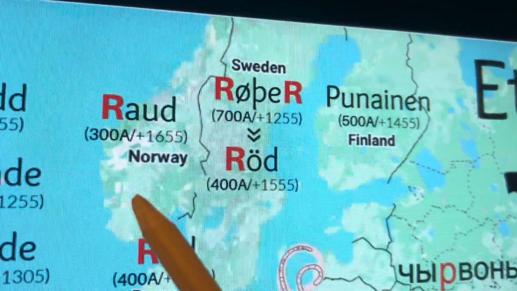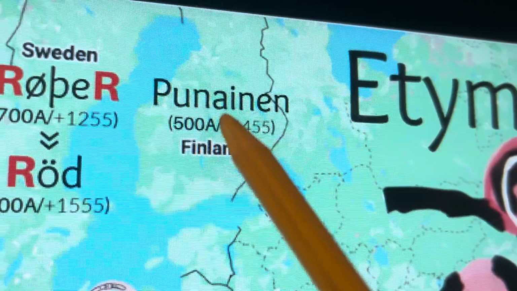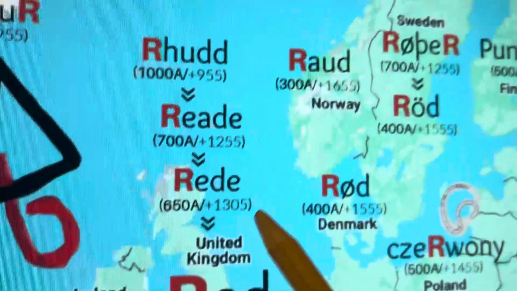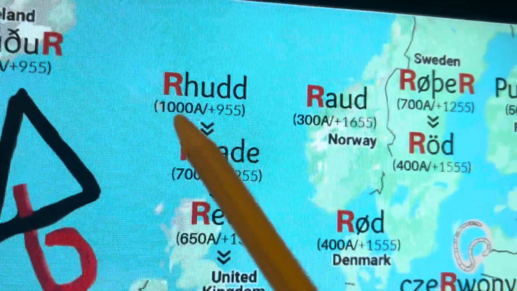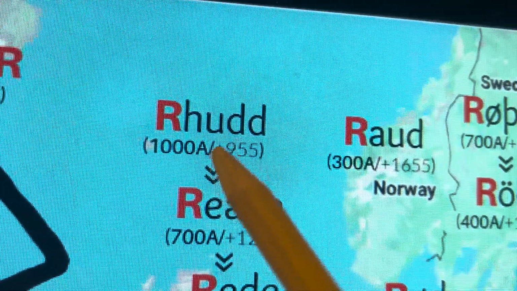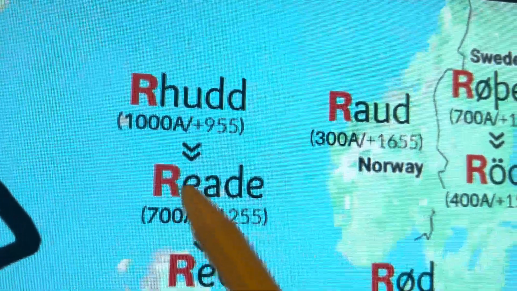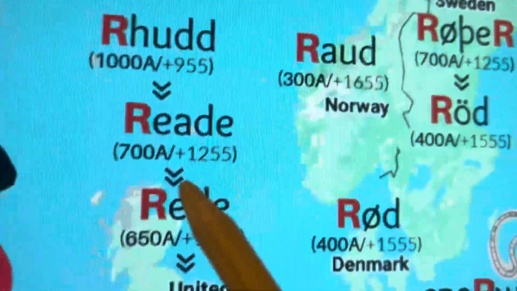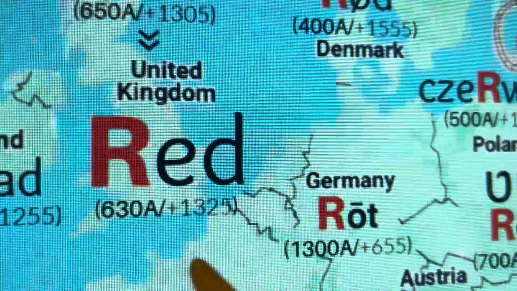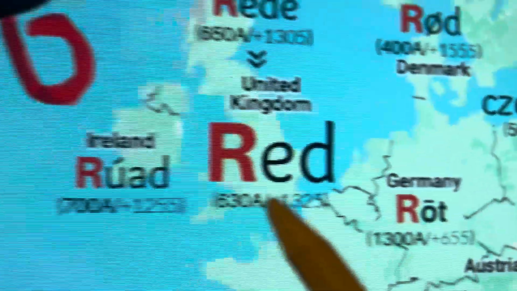We see rod in Norway. Finland has a strange name, Punainen. And then the English word comes from rude, the Welsh spelling from 1,000 years before atoms were seen. Reed, reedy, which finally became red, attested in the year 630 years before atoms were seen.